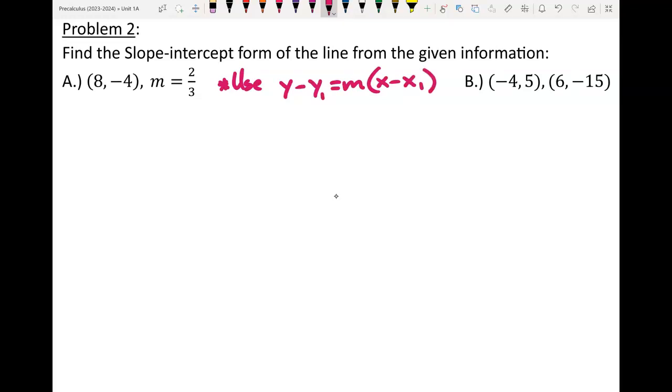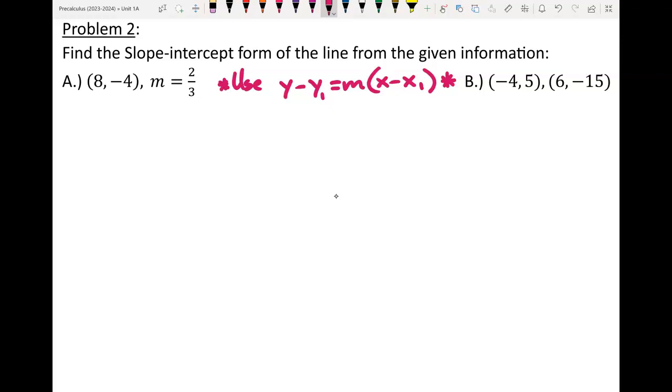Now, it can be done using the slope intercept, y equals mx plus b. But we want to get used to this. This is something that's going to crop up a lot in our curriculum. And when you move on to calculus, either in college or with me, we'll be using that form a lot. So this is a form we want to make sure we're familiar with.